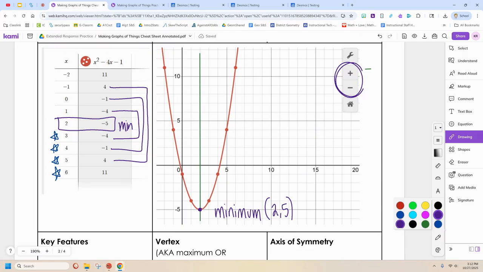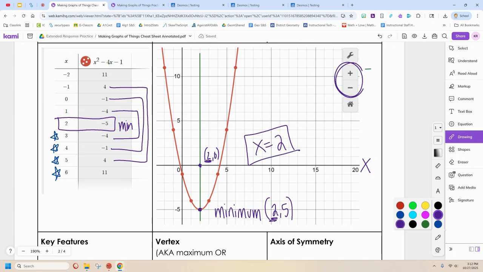If you go to the x-axis, this is the value 2, 0, and any point along this line will have an x value of 2. So the answer for what is the axis of symmetry is the line x equals 2. That's the equation of that line.